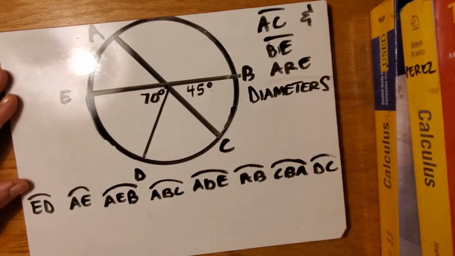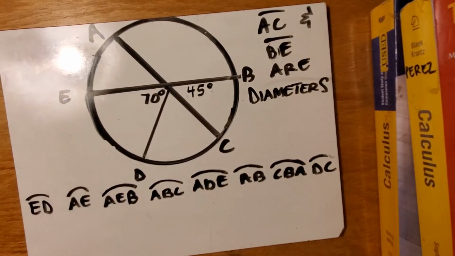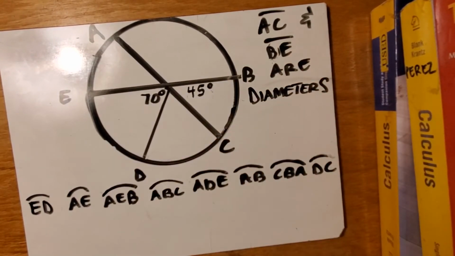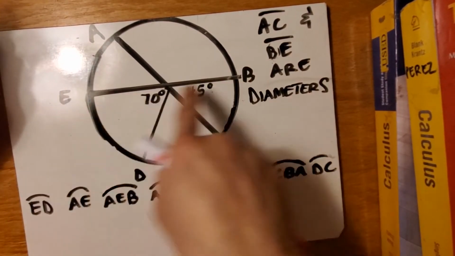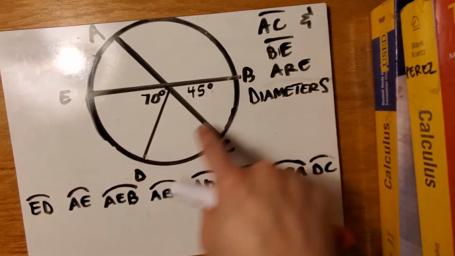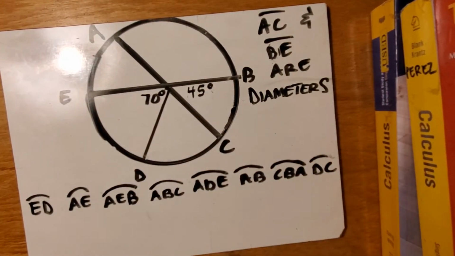All right, so first ED. I always like to start off by first finding all the measures. Even if you're only given part of it, I like to go in and find out the measures of the rest of them. Since BE is a diameter, all three of these angles should add up to 180 degrees.